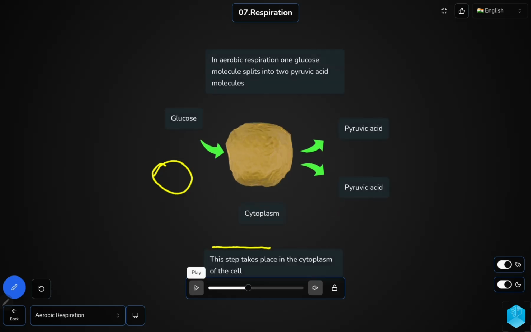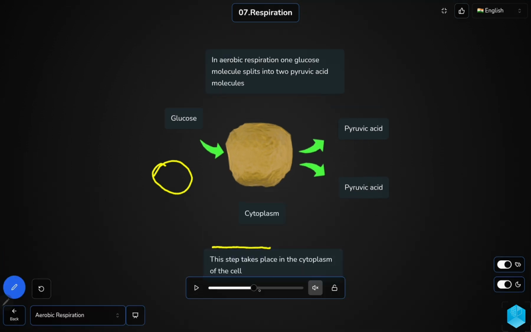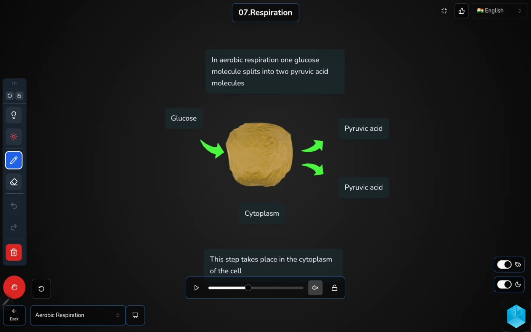What is happening in the cytoplasm? In the cytoplasm, the conversion of glucose takes place. You will see that glucose gets converted into two molecules of pyruvic acid.